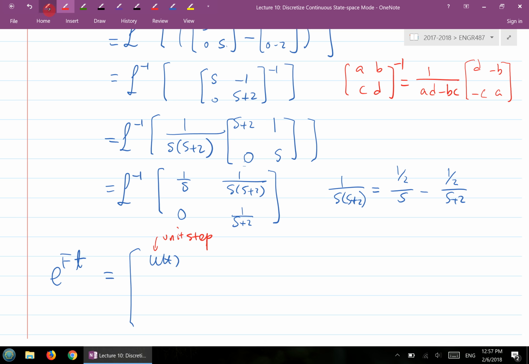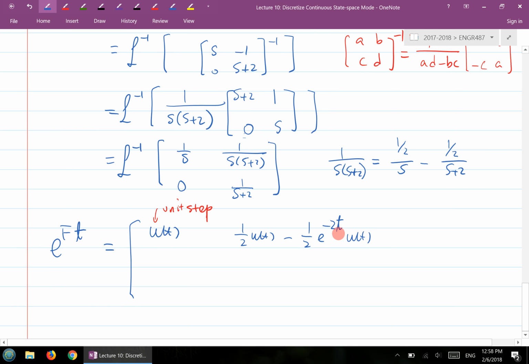And then for this term in here, you have a 1/2 unit step input here. Then 1 minus 1/2 e to the power of negative 2t. So technically, this is a one-sided Laplace transform, so this whole thing should be multiplied by u of t.